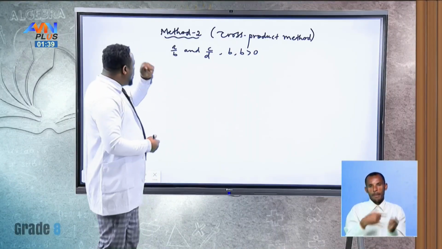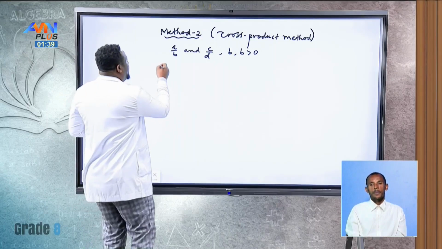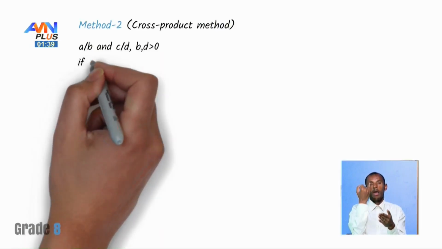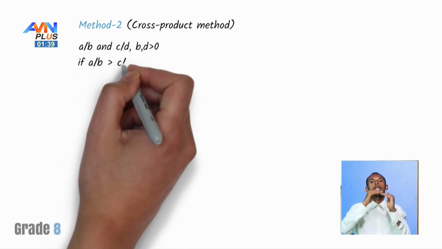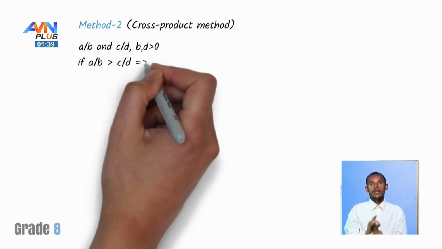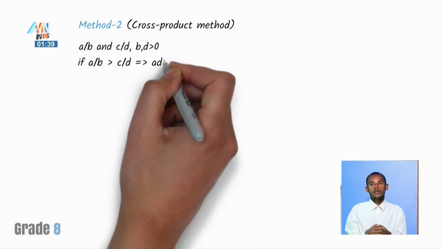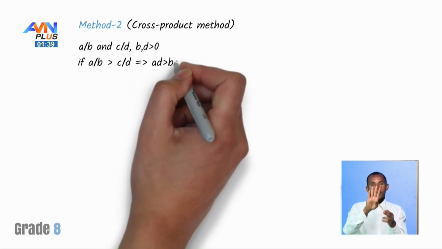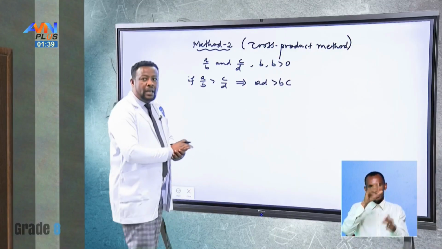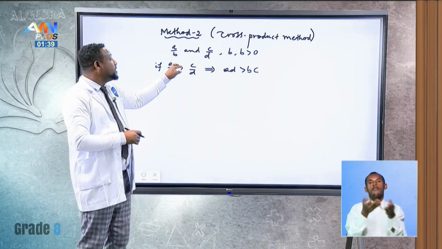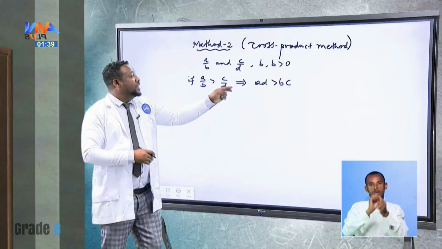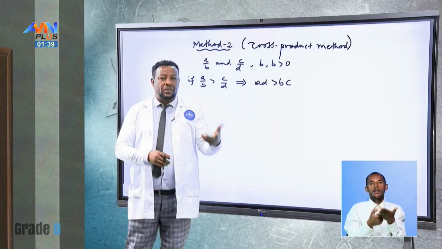Okay, so in this case, if a over b is greater than c over d, this tells us a times d is bigger than b times c. This is the principle. If this inequality is reversed, the other inequality will be reversed.